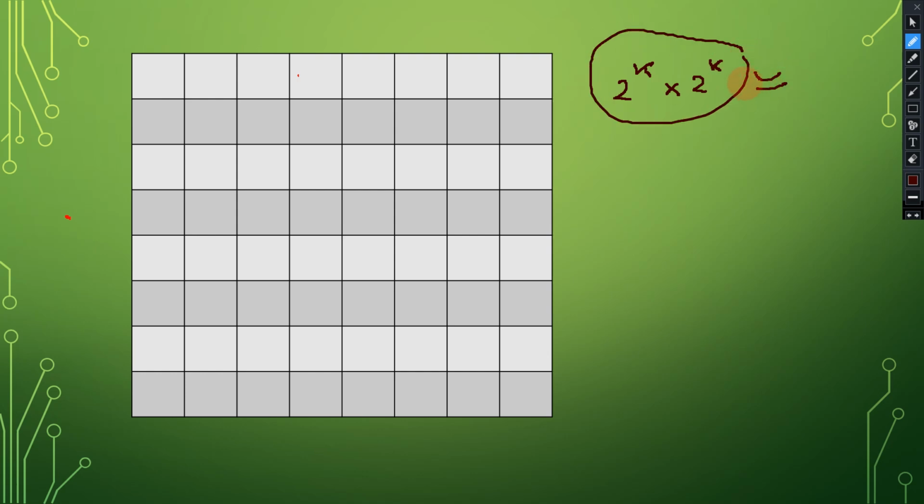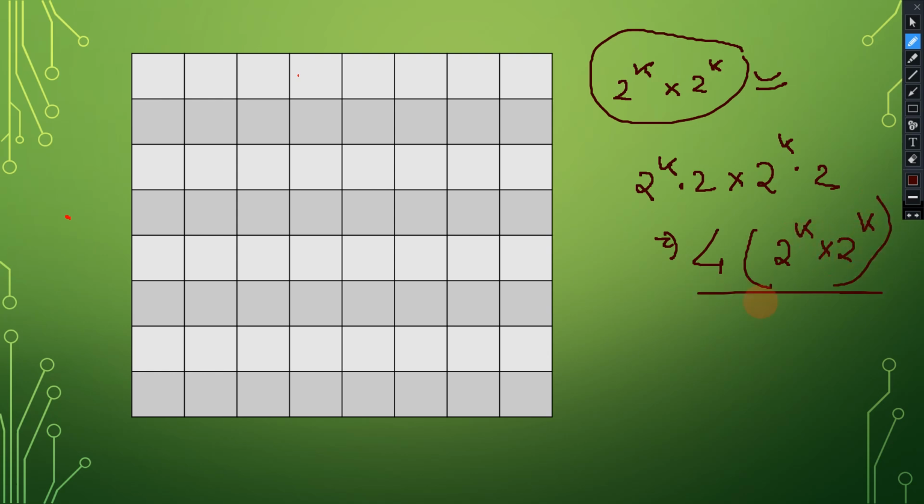We will assume this to be true and try to prove that we can tile a bigger problem of size 2^(k+1) by 2^(k+1). That is, we will break the bigger problem into 4 problems of size 2^k by 2^k.